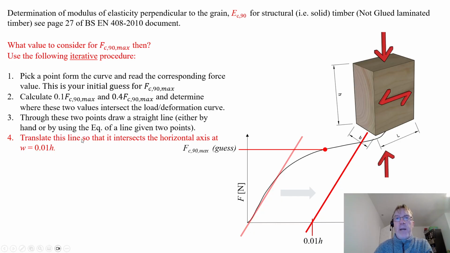We translate this line so that it intersects the horizontal axis at W equals 0.01 times h, where h is this height. So we're going to move this line across horizontally a particular distance, 0.01 times h.